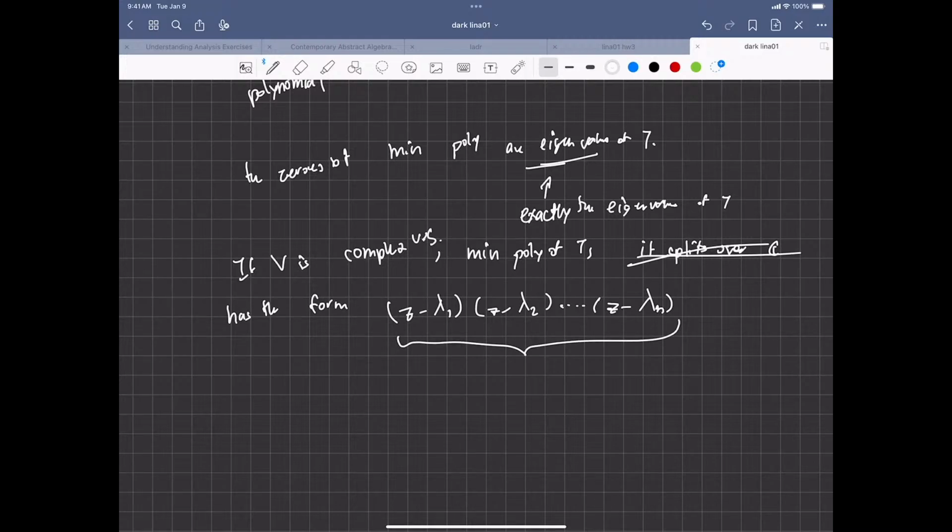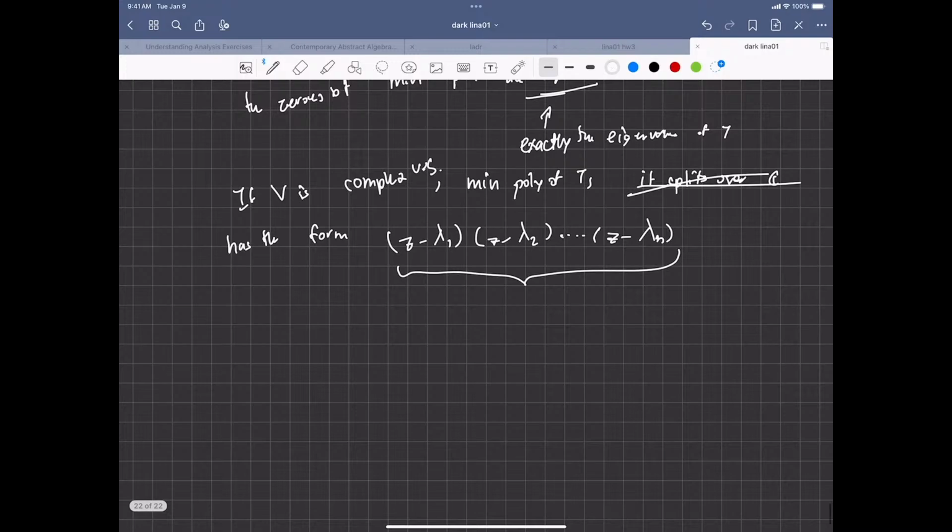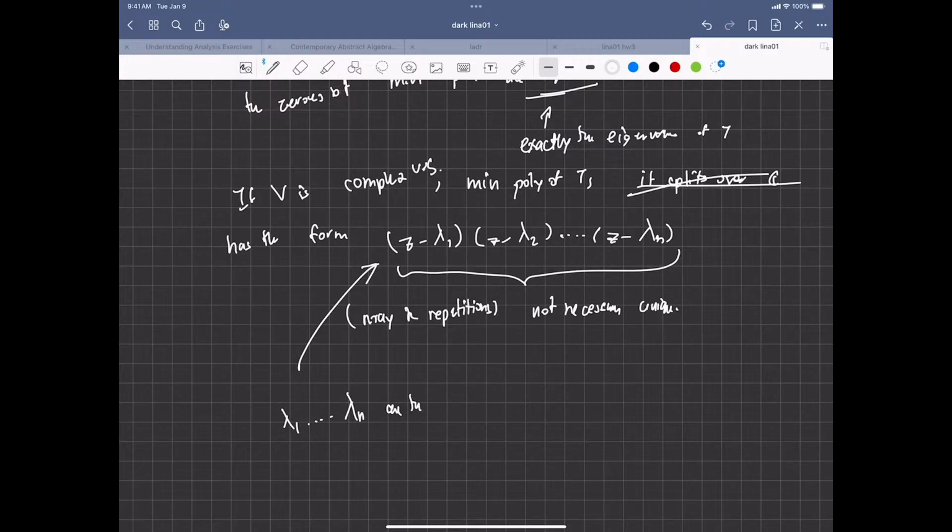You can always decompose it into all the eigenvalues. Note that there may be repetitions, so not all these are necessarily unique. But what we have here exactly is that lambda 1 to lambda n are the eigenvalues.